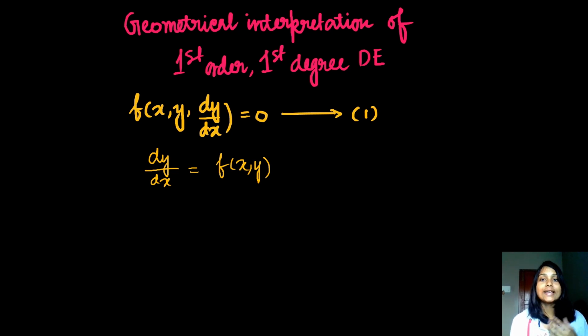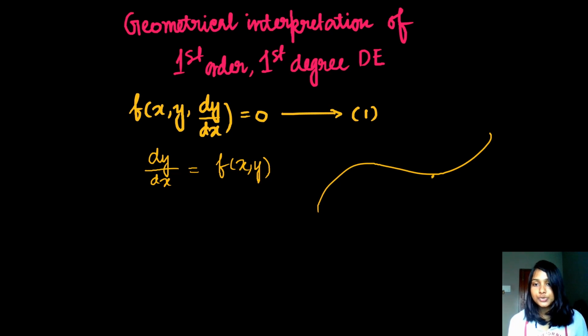So this equation establishes a relation between the coordinates of a curve and its tangent. Suppose we have a curve like this, y function. This is known as the integral curve, which is the solution of this differential equation. So this is the solution curve.